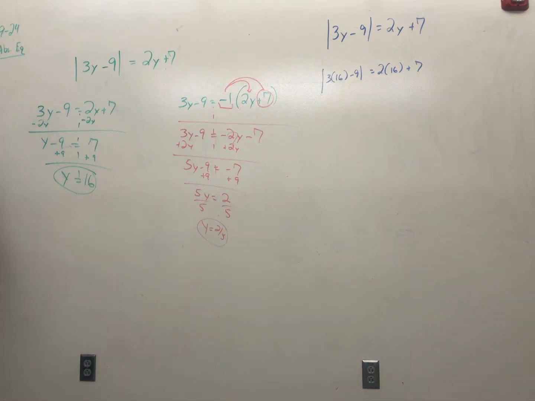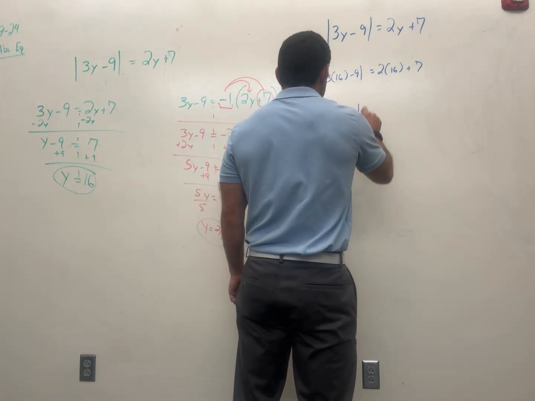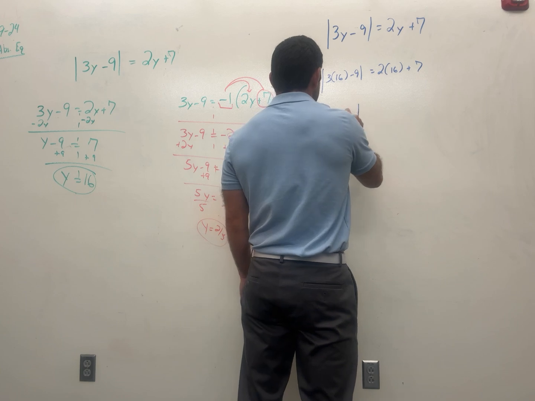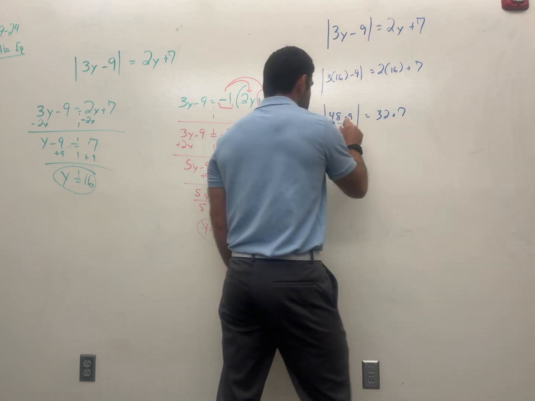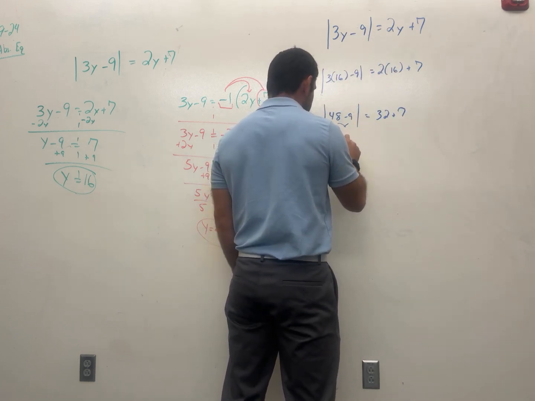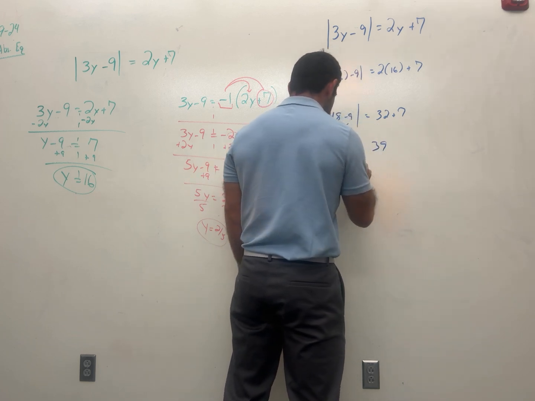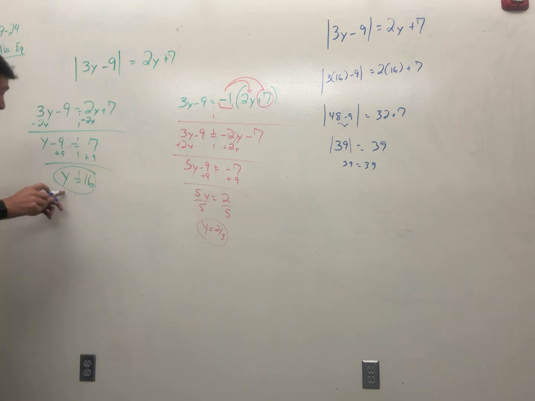I have to substitute it back in. Help me, because I'm doing this in my head. 3 times 16 is going to be... 8, carry the 1, so that's 48 minus 9 equals 32 plus 7. That gives me 39, the absolute value. 39 equals 39, which means y equals 16 is good.